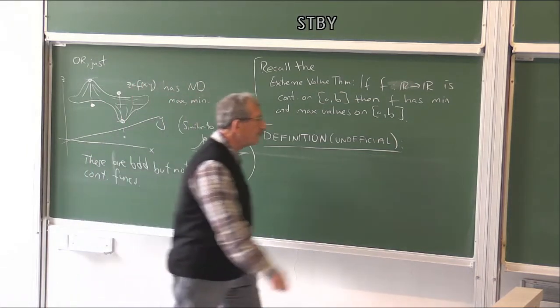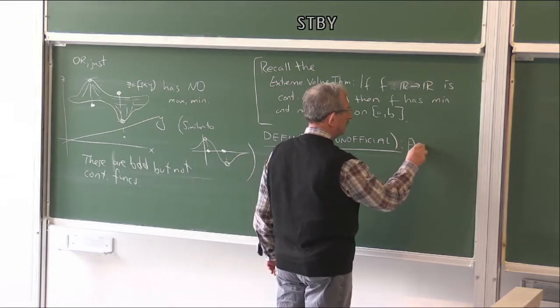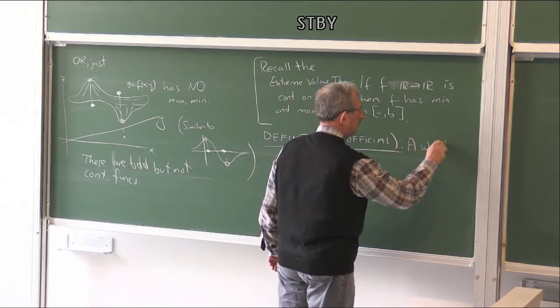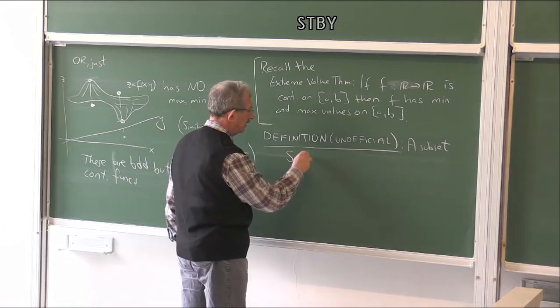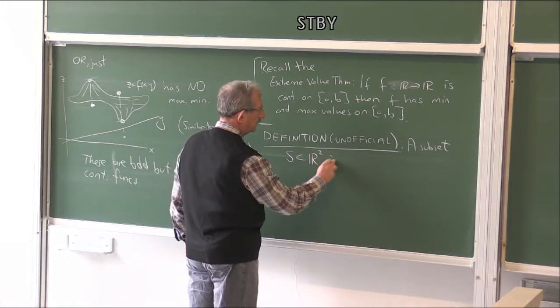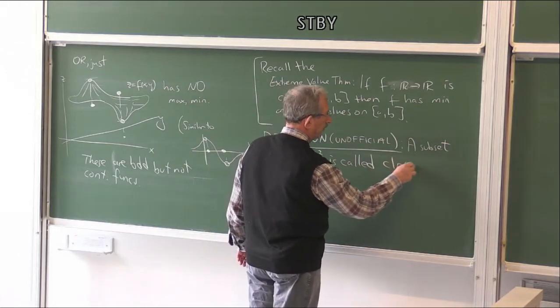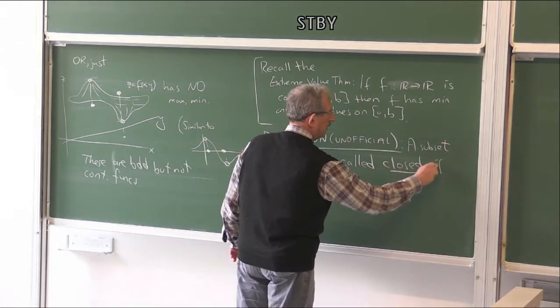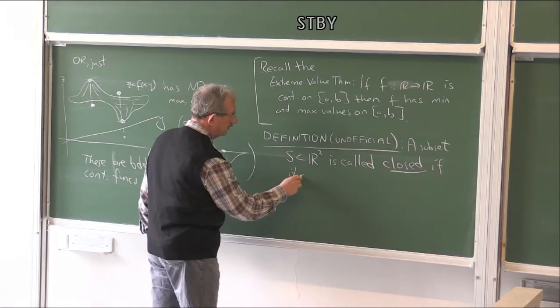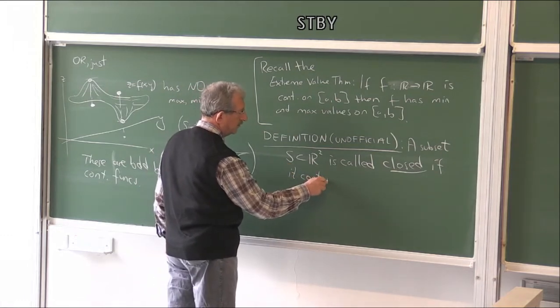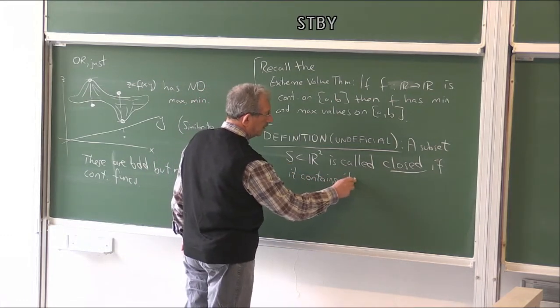Well, a subset S in R2 is called closed if it contains its boundary.